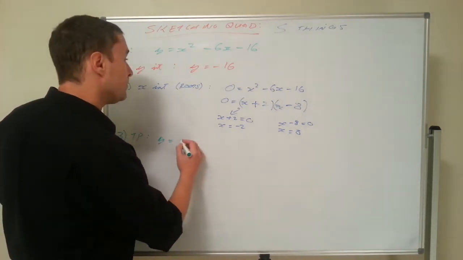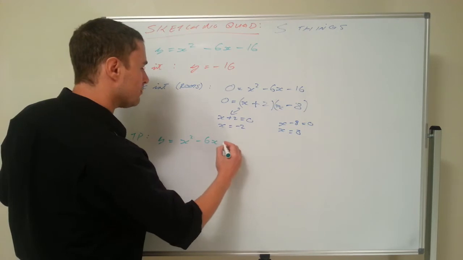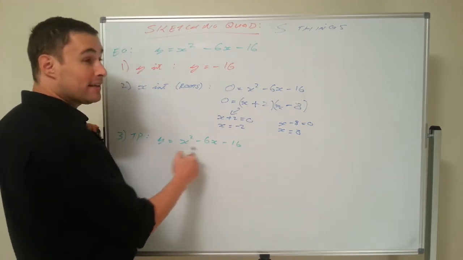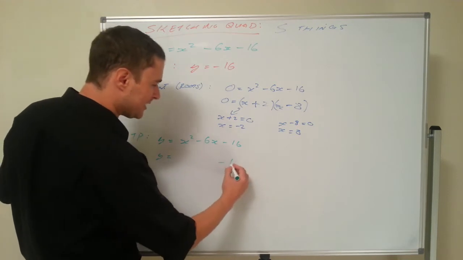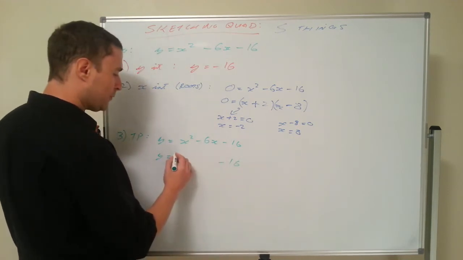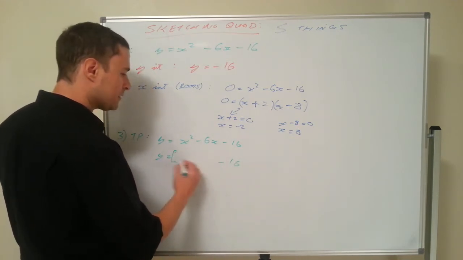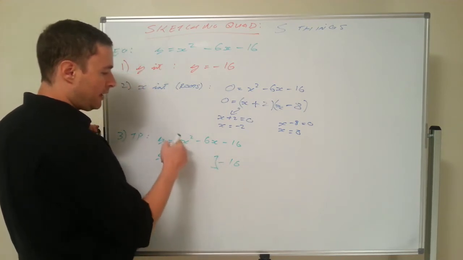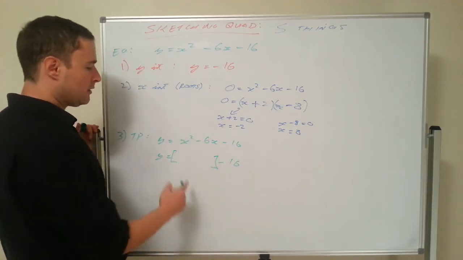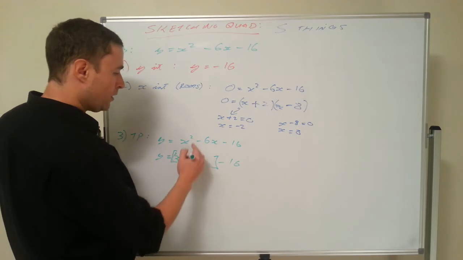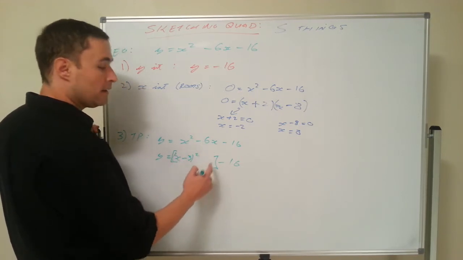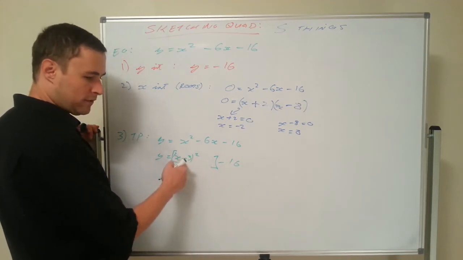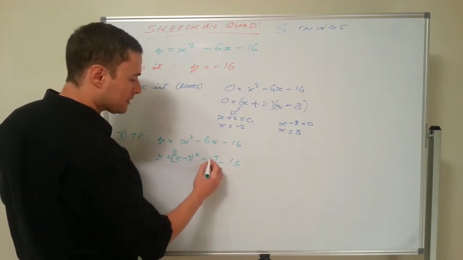So y equals x squared minus 6x minus 16. Let's leave that minus 16 over there, and we take the variable part and complete the square on it. A is 1, so I don't have to worry about it. So I've got x, same sign, minus half of 6, which is 3, squared, minus the correction for this. 3 squared is 9, minus 9.